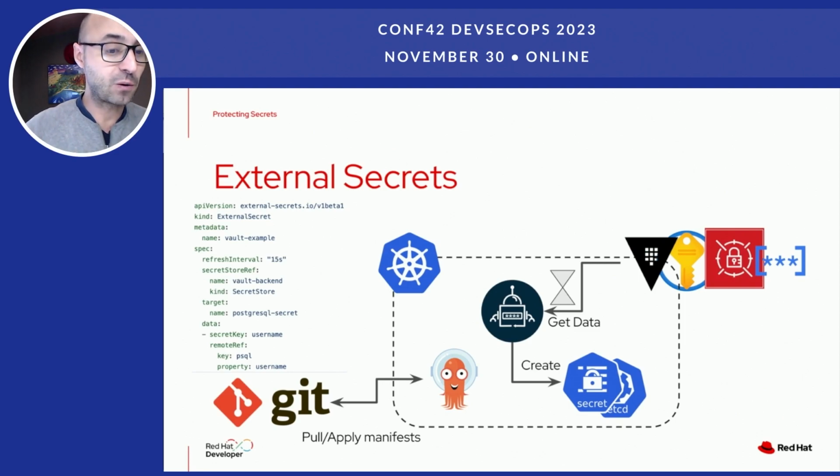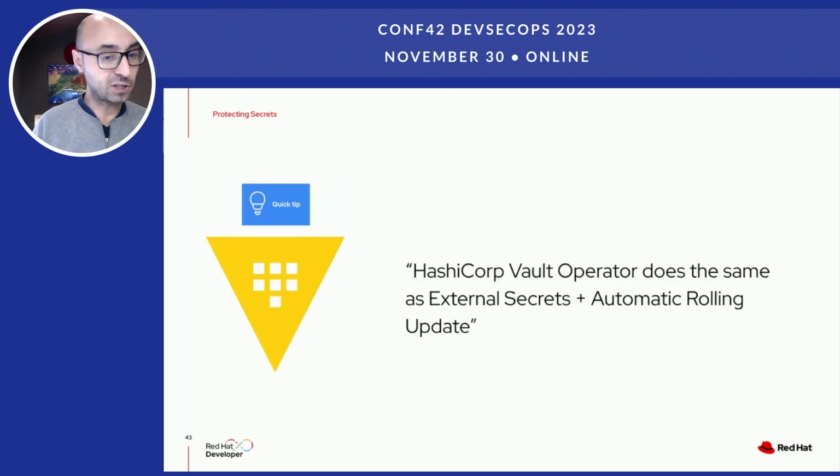And then this project will automatically pull the secret and create a native Kubernetes secret. Just in case you are using HashiCorp Vault, there is a HashiCorp Vault operator that does exactly the same thing as External Secrets, but it also implements an automatic rolling update. So when a secret changes, the operator automatically knows which pods are consuming these secrets and starts a rolling update.